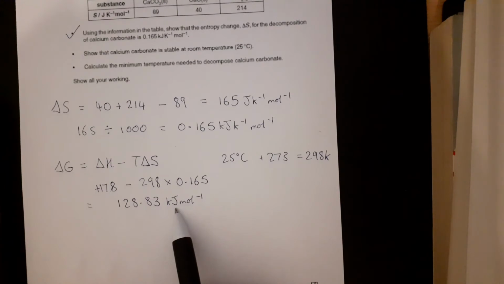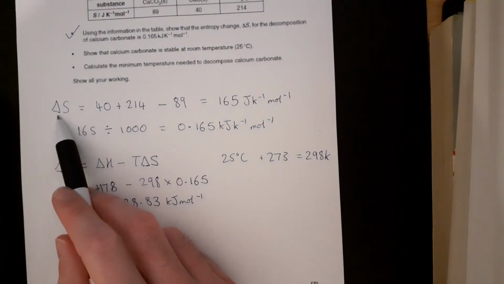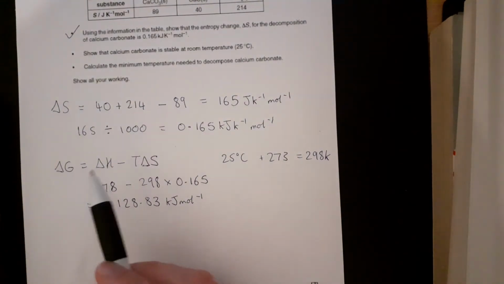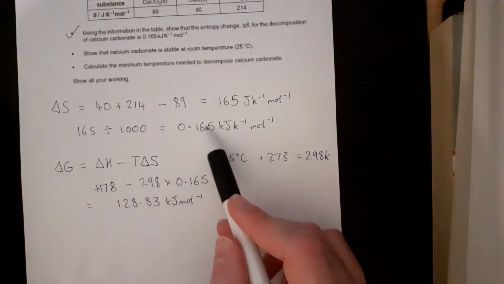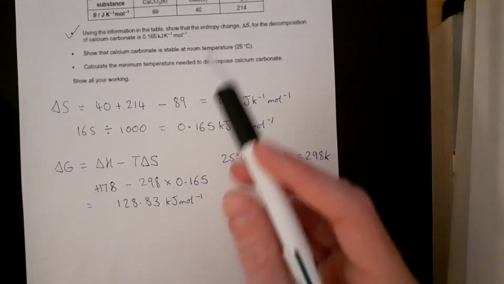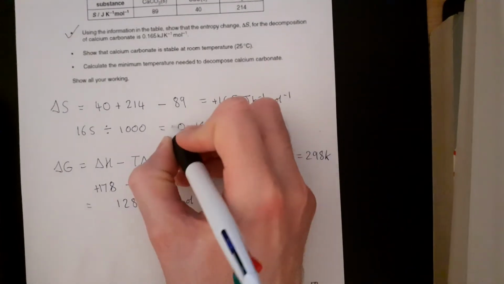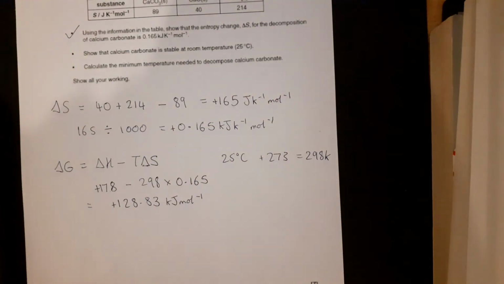So make sure you don't miss that off. And I think, actually we should have done this up here. Whenever you've got changes, delta S and delta G, we always want to put a sign on it. These values all came out as positive. So it's actually good practice just to say plus, plus, plus. I think it's always a good idea just to make sure you put a sign on it.